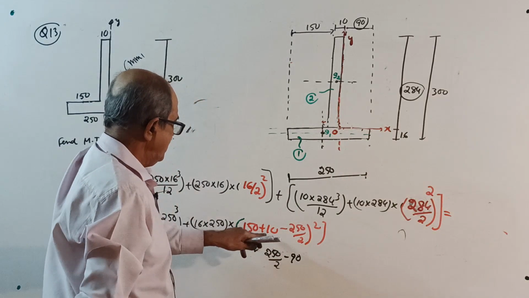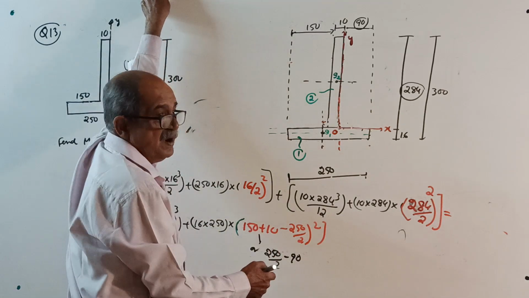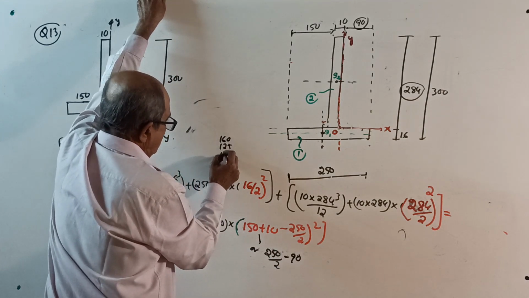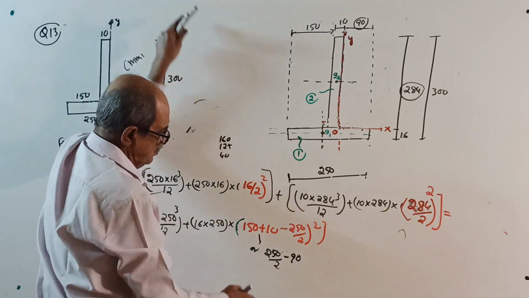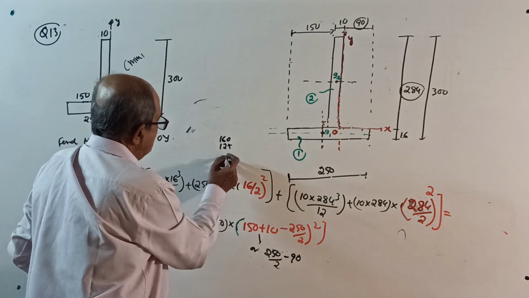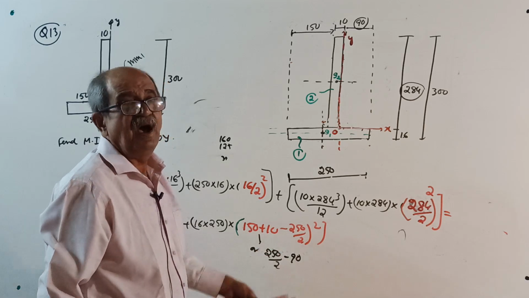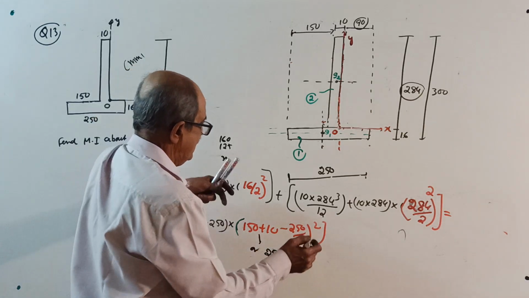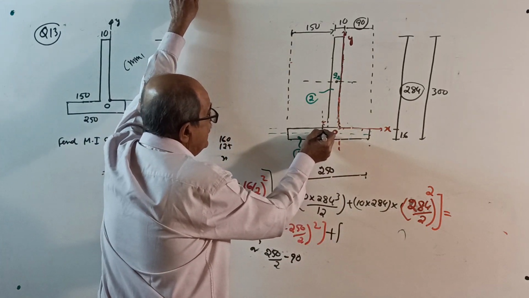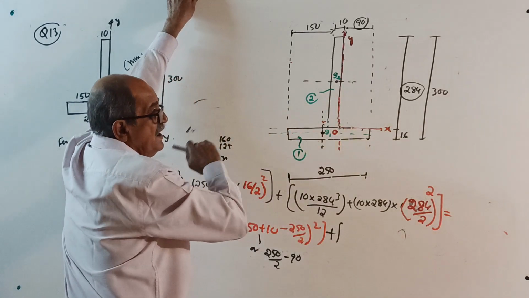See, 150 plus 10 is 160. 160 minus 125 is 35. See here, 125 minus 90 is also 35 only. Okay, then plus. So remember, we want from the centroid here to this distance, this square. You either look this side or that side.